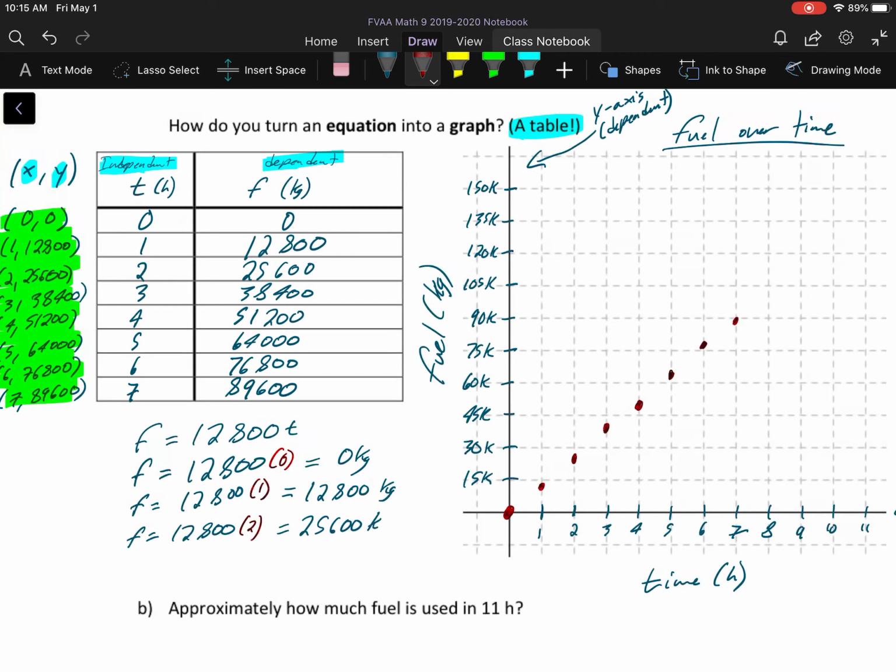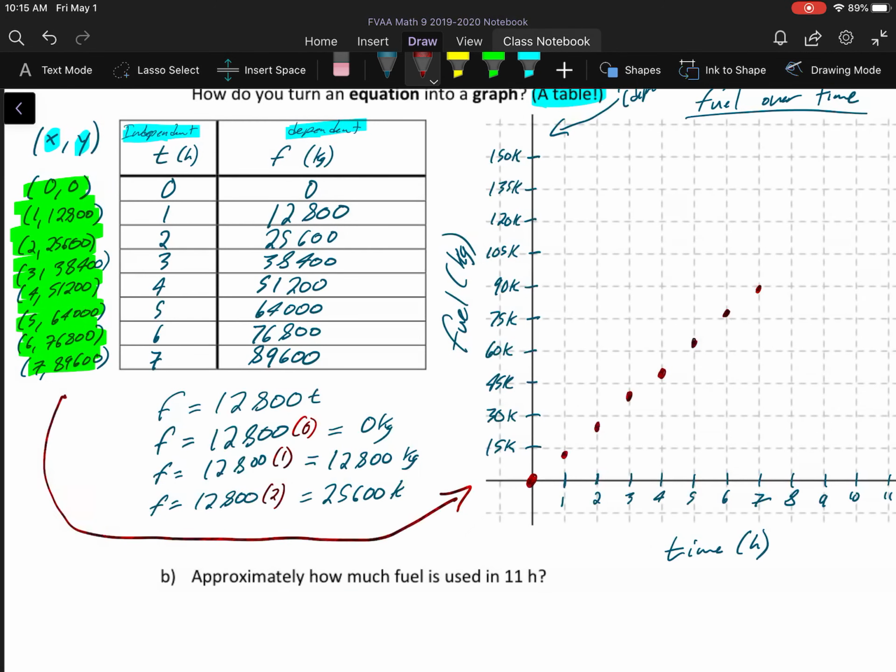Okay, so each of these points, just to be clear, is what's going into my graph here. The numbers on the left-hand side are my numbers on the bottom, and the numbers on the right-hand side are my numbers along the left side. So I find my x value, I go to that x value.